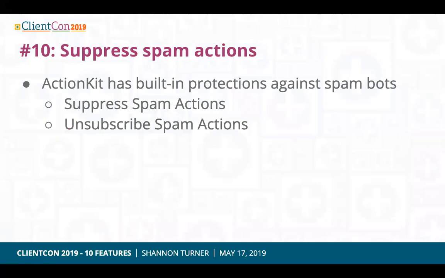ActionKit has lots of built-in protections against spam bots, and that's what number 10 is all about, suppressing spam actions. So most clients use the defaults, and that's totally fine. But I wanted to point out that there's 2 settings that you can set. One to suppress suspected spam actions, and another that will unsubscribe suspected spam bots automatically.